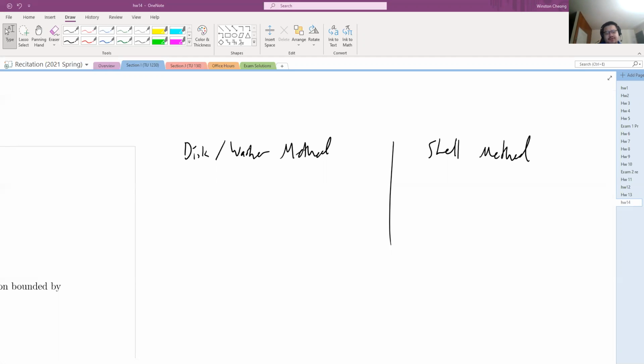In some cases you can actually apply both methods, but usually you can tell that one method will stick out as being more usable than the other. But the first thing is the formulas that these two methods involve.